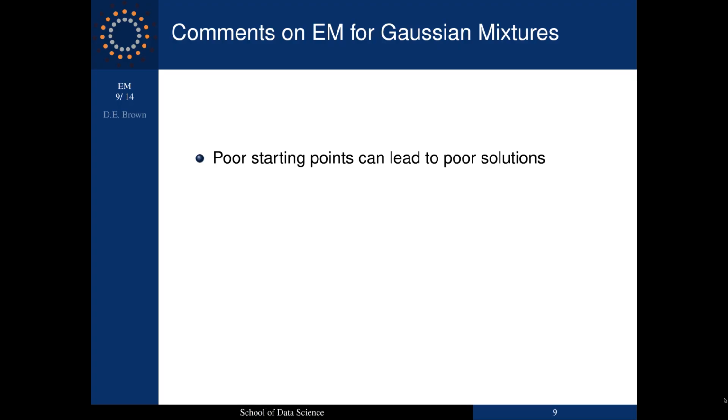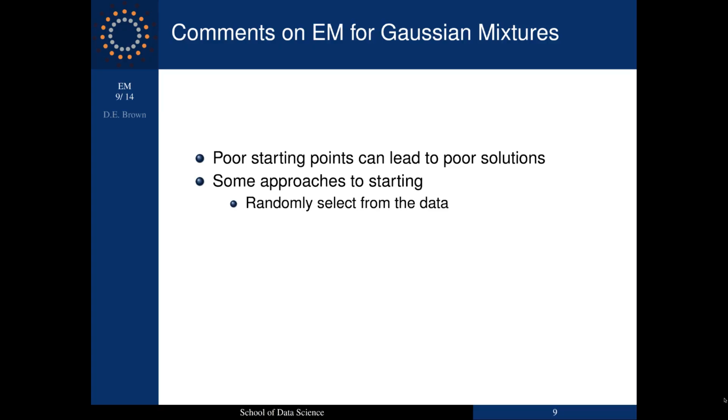Okay, some comments on this approach, expectation maximization for Gaussian mixture models. Poor starting points can lead to really bad solutions, and we'll see that in a little example soon. Some approaches to starting: you can randomly select starting points from the data and use them to parameterize the initial settings.